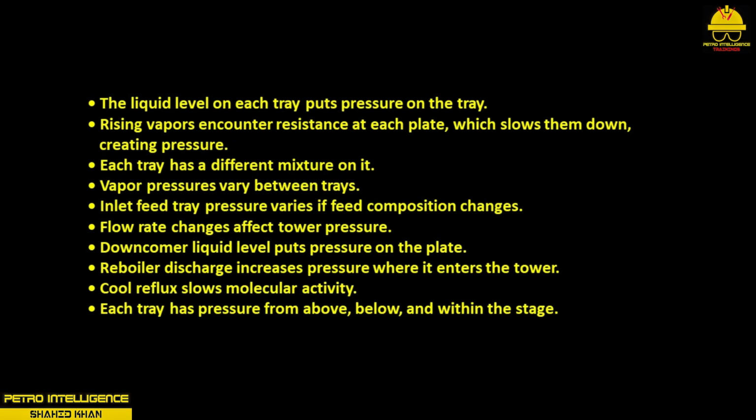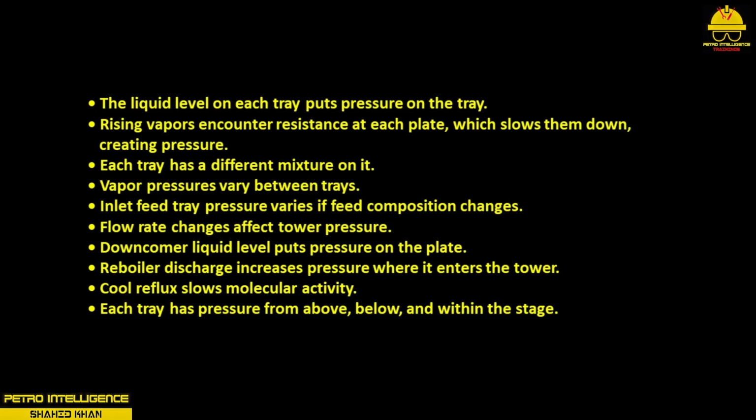The following list identifies only a few of the considerations that need to be reviewed for pressure calculations on a tower. The liquid level on each tray puts pressure on the tray. Rising vapors encounter resistance at each plate, which slows them down, creating pressure. Each tray has a different mixture on it. Vapor pressures vary between trays.